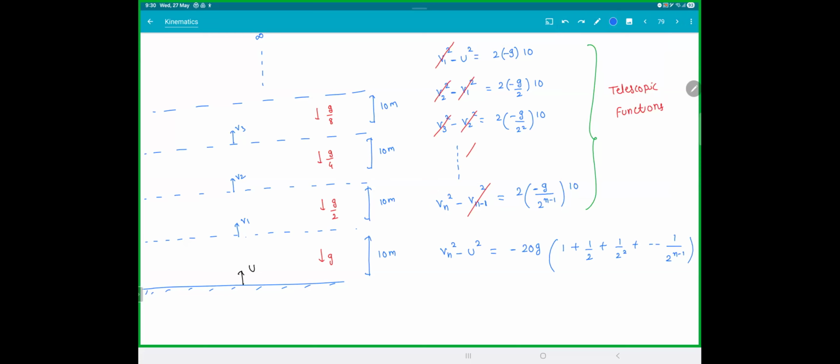Any doubt so far? All clear with these equations? What I did: I cannot write the equation directly from the start to the final, but I can write it for each section. And then, since you want to go to infinity, n becomes infinity. Now, let me write on the next page.